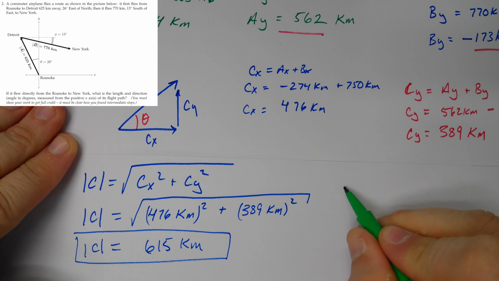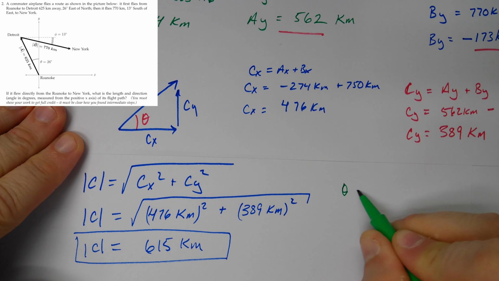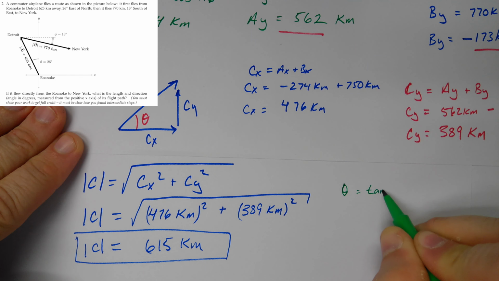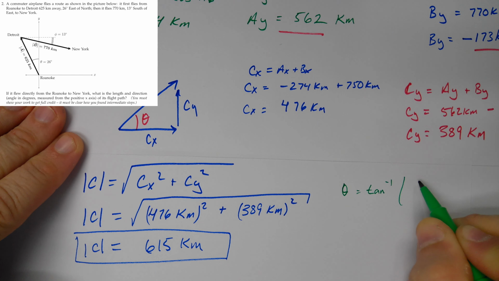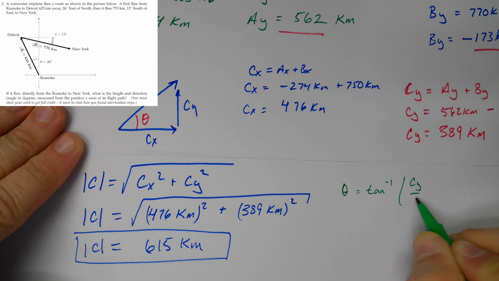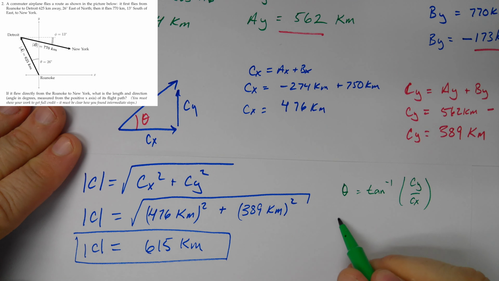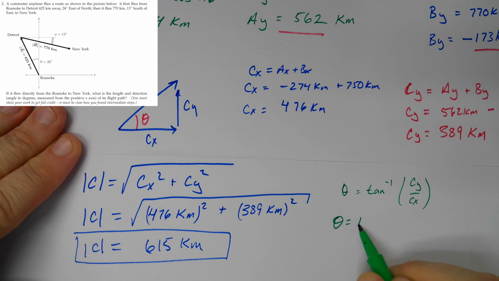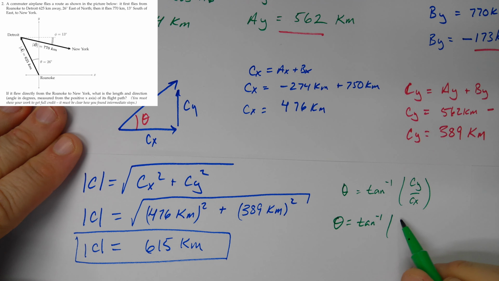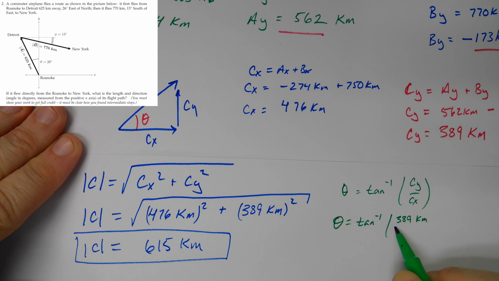And so our angle theta should be inverse tangent of cy over cx. It's always going to look like this. Theta is going to be inverse tangent. Our y part is 389 kilometers, and our x part is 476 kilometers.